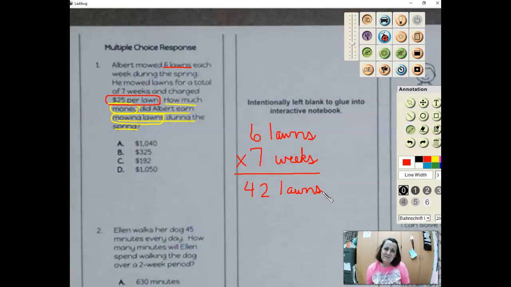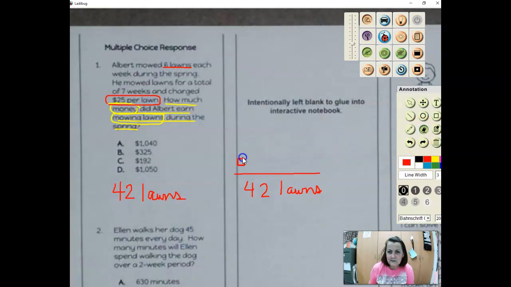Now, what is the question asking us? Now we can solve. It says, how much money does he earn for mowing 42 lawns? We know he gets $25 for one. So let's set up a multiplication sentence equation. I'm going to write this down here, lawns, and then I'm going to erase this here so I can use this space.